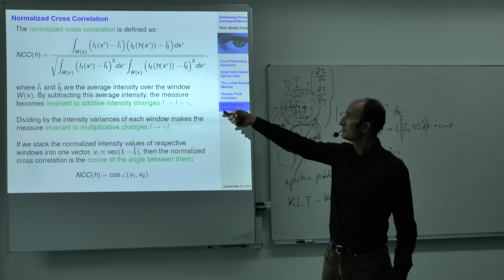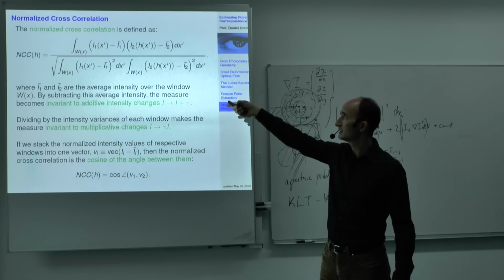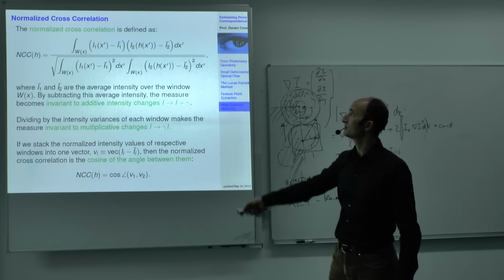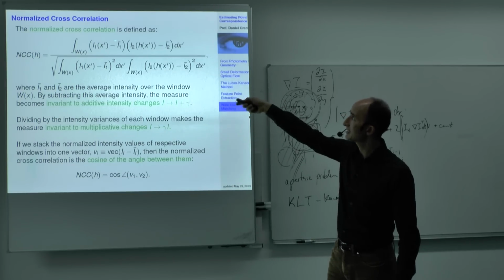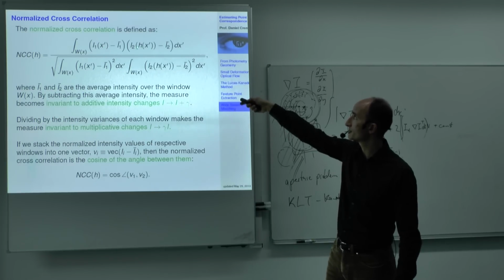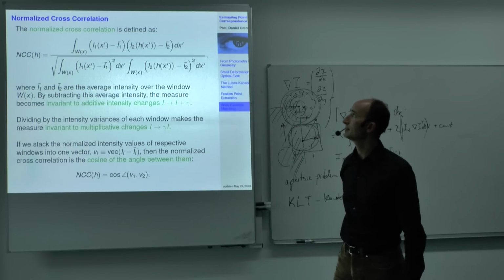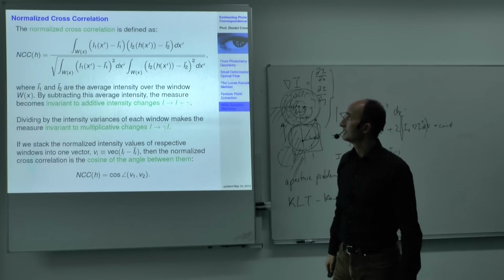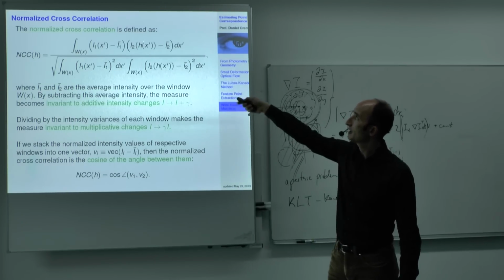And then in addition, you don't take the time derivative, the difference between brightnesses, but you take what you see here, the scalar product. So these are all the brightnesses at any pixel x prime and at the corresponding pixel in the second image, and then you take the scalar product of these.